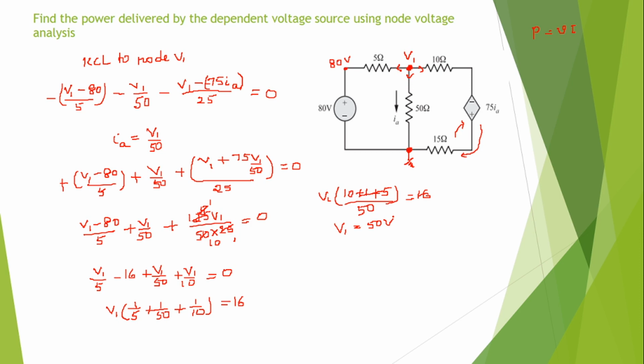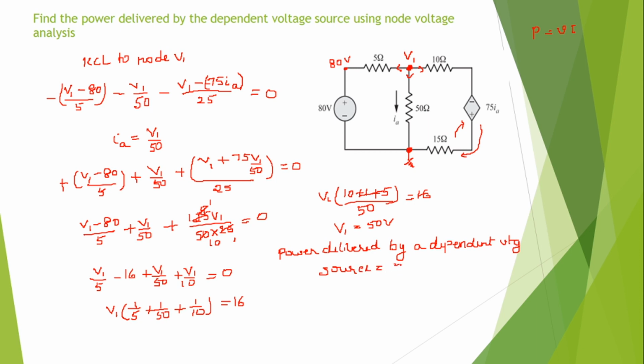In this way I get V1 equal to 50 volt. Now what is asked? The power delivered by the dependent source. The power delivered by the dependent voltage source equals voltage into current. What is the voltage?